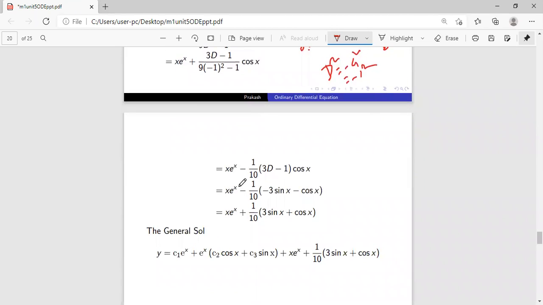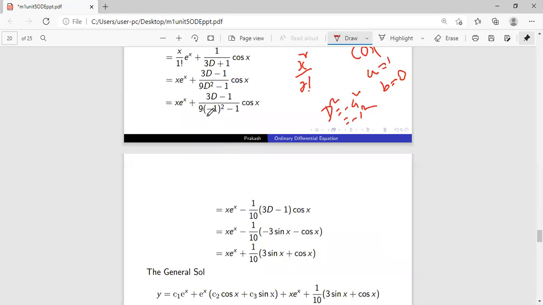So we will get (3D - 1) by (9D² - 1). In the denominator, again you replace D² equal to -1. The first term is as it is, already discussed. In the second term, 9 times -1 is -9, and we already have -1, therefore I will get -10.